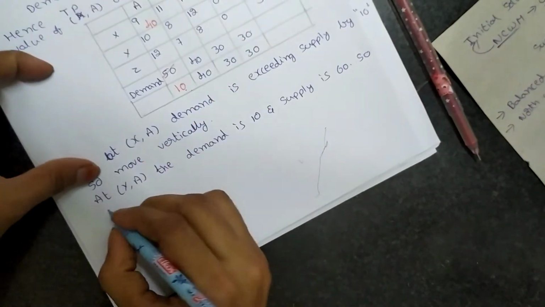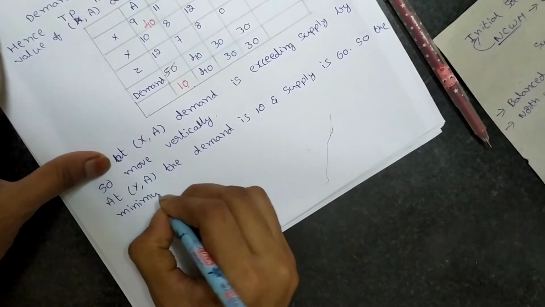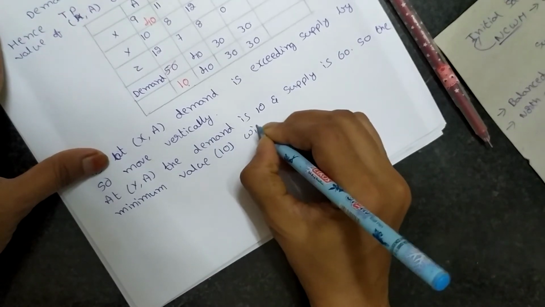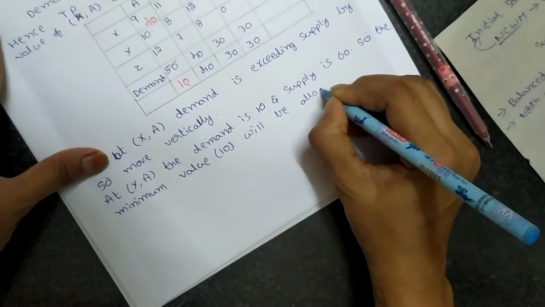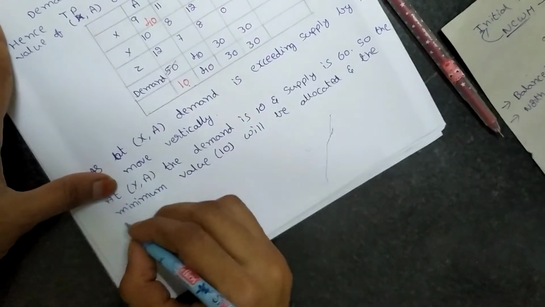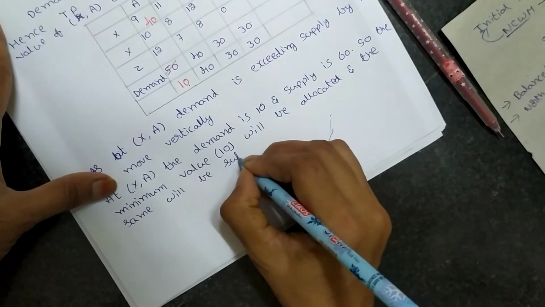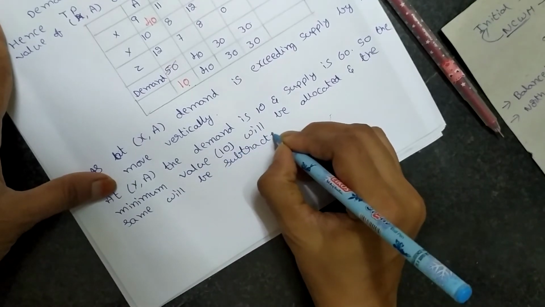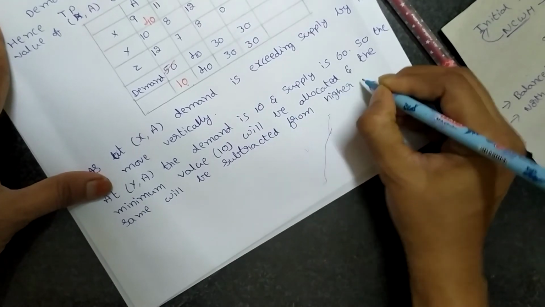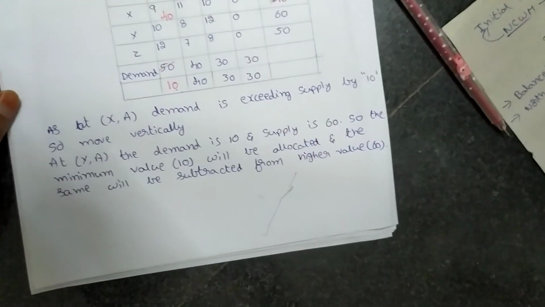The minimum value, 10, will be allocated in brackets, and the same value will be subtracted from the higher value. 60 is the higher value, that is the supply. Then we will get the new allocation. Now let us see that one.